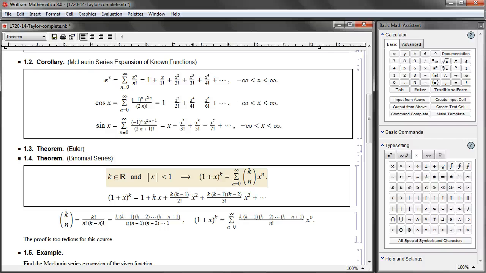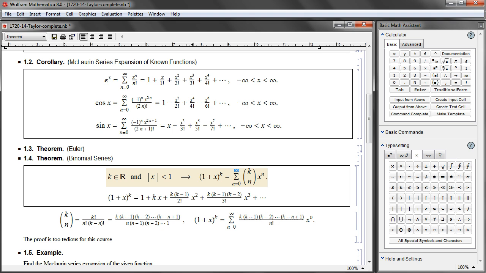If k is a positive integer, then this becomes the binomial theorem. And we do not have an infinite sum, we have just a finite sum, running from just 0 to k, because if n exceeds k, then binomial (k, n) will become 0.